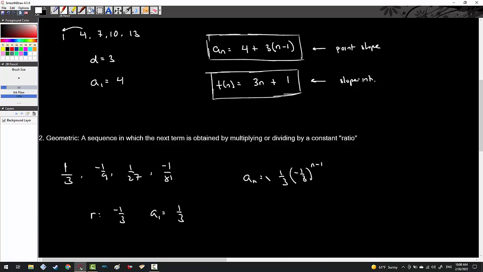And of course, the Integrated 1 version of this was going to be the ratio, which they called the multiplier in Integrated 1, and that was simply raised to the n. And then from here you would put down the 0th term, so that would be 1 in this case, because if you're multiplying by -1/3 to get here, then you would divide by -1/3, making this actually -1 right here.